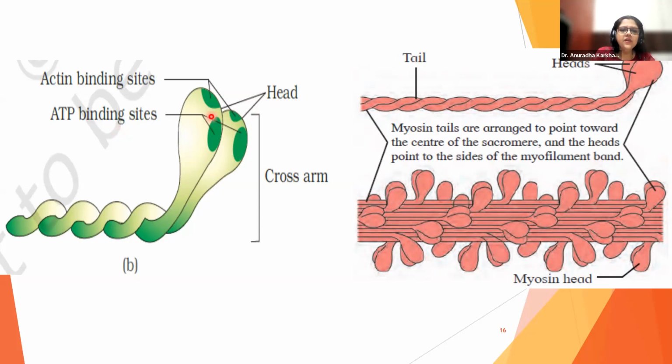So you can see over here the actin binding site and the ATP binding site. This is the way they look. Here there will be the binding of an ATP molecule, which will be broken down to release energy that will help in binding the myosin head with the actin band. Did you understand?